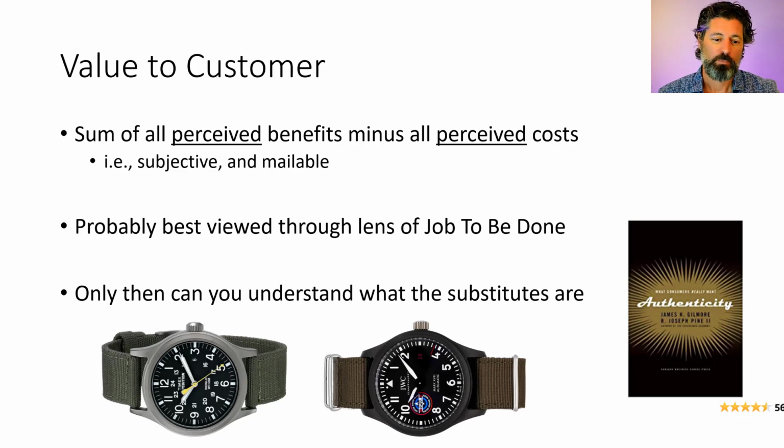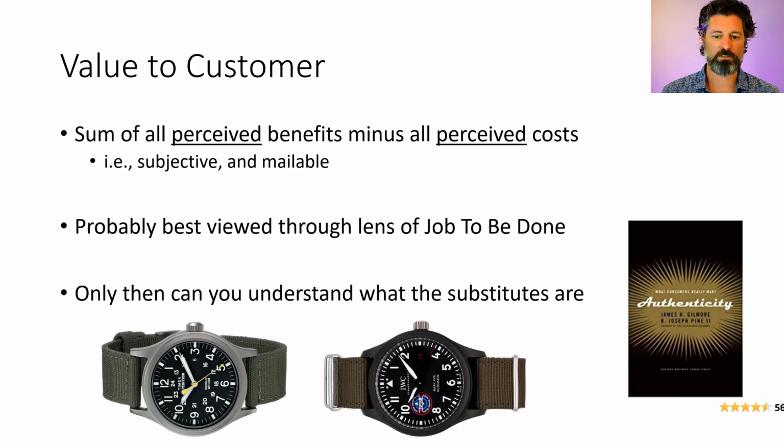So what is the job to be done there? It's not really telling time. That's probably not the job to be done, because that could be done better with the $65 watch. So it's probably something related to status, or showing you have a collectible watch if you're a watch person, or something around authenticity.